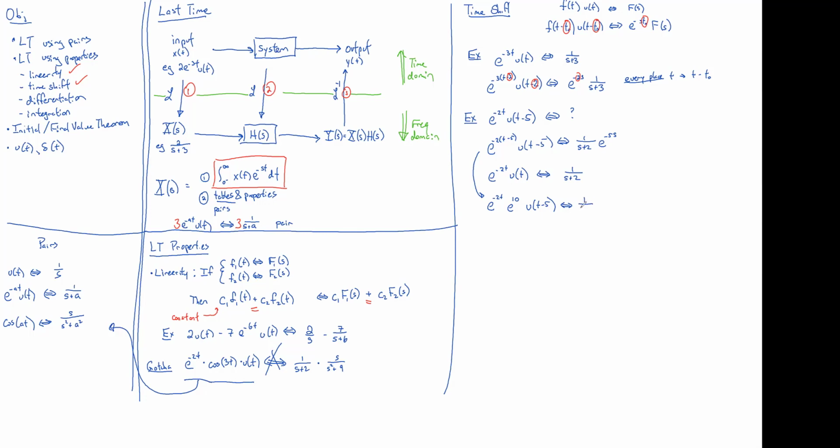Or sorry, maybe my handwriting is bad. That's supposed to be a 2. Yeah, s plus 2. And then e to the negative 5s. That's right, because we already calculated it up there.